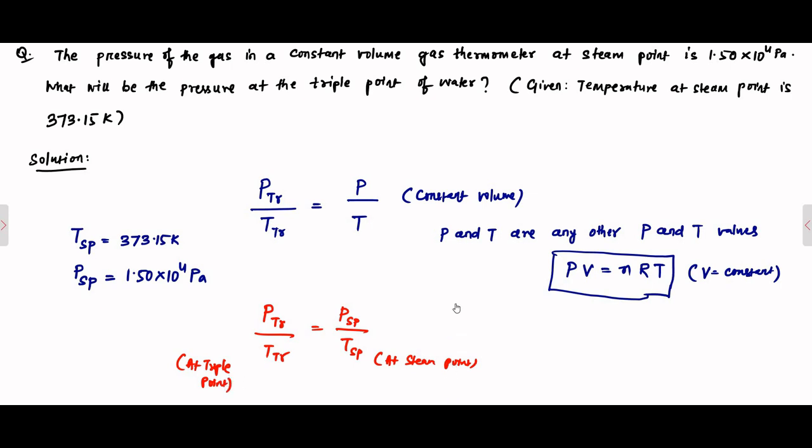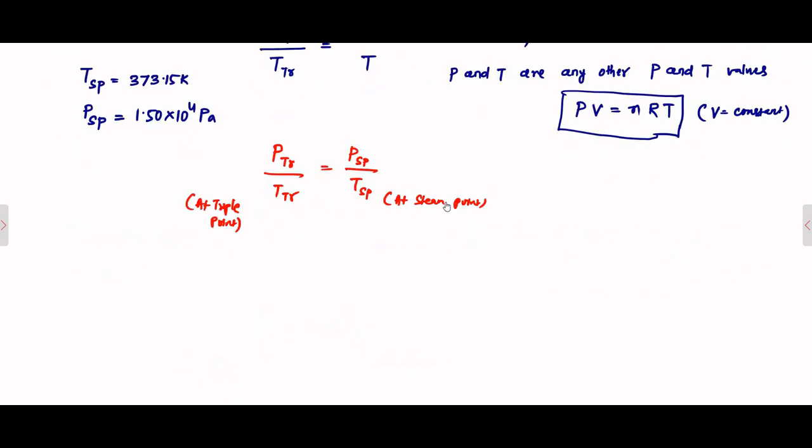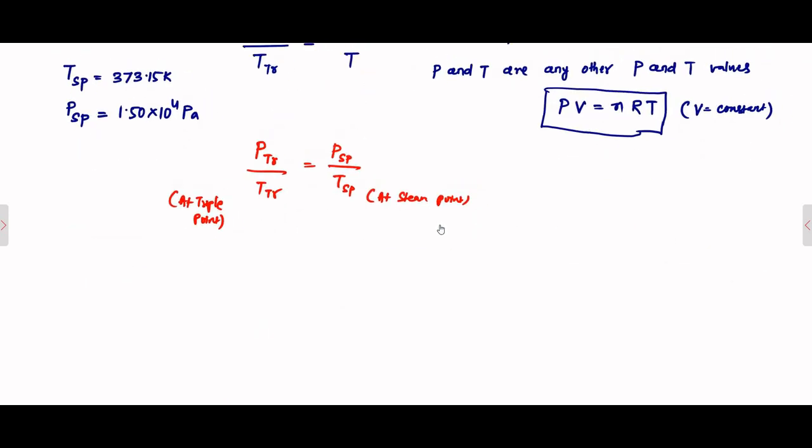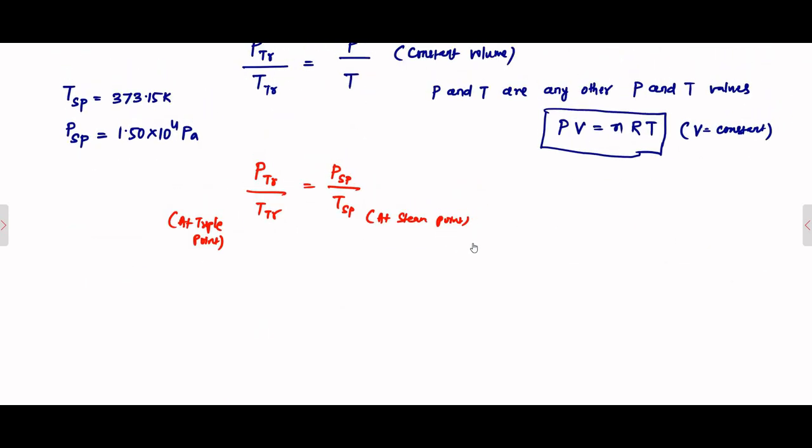The ratio of the pressure and temperature at triple point is equal to the ratio of pressure and temperature at any other particular thermodynamic state governed by this equation at constant volume. Here PSP and TSP are given.